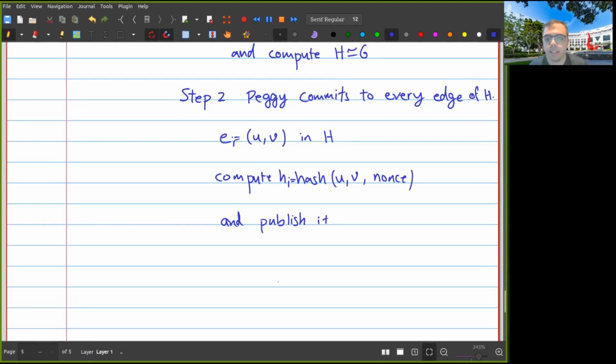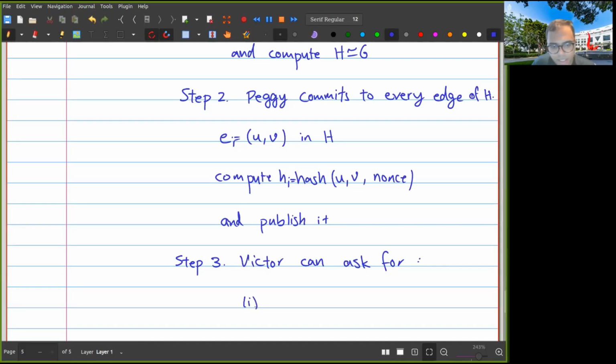Okay. So I'm not actually giving the graph H to Victor. I'm just giving him the hash of every edge. And this hash also has a nonce in it. Now, the rest of it is very similar. In step 3, Victor can ask for one of these two things.